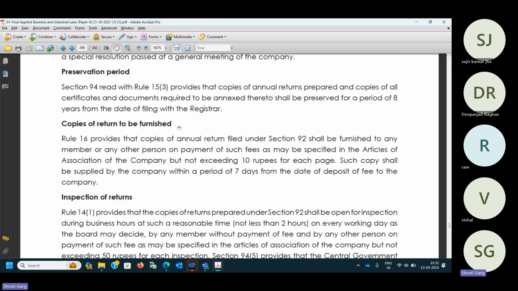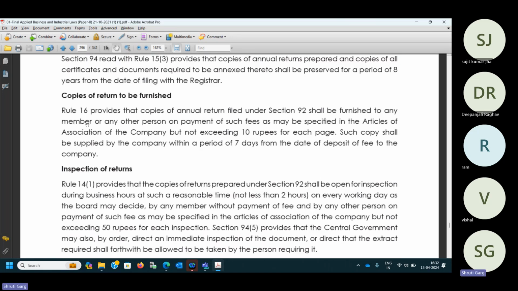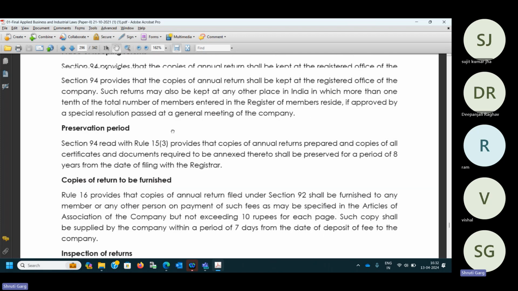Copies of returns to be furnished. Yes. Rule 16 provides that copies of annual return filed under section 92 shall be furnished to any member or any other person by payment of such fees as may be specified, but not exceeding 10 rupees, within a period of 7 days. We have already studied this paragraph. Okay. Where have we studied?